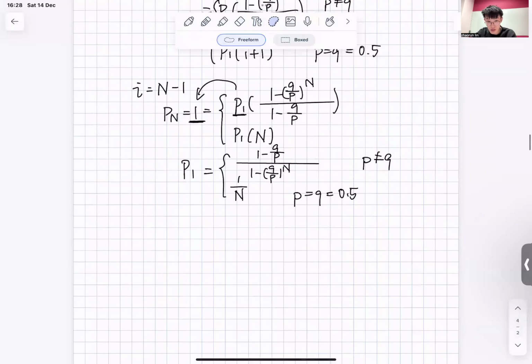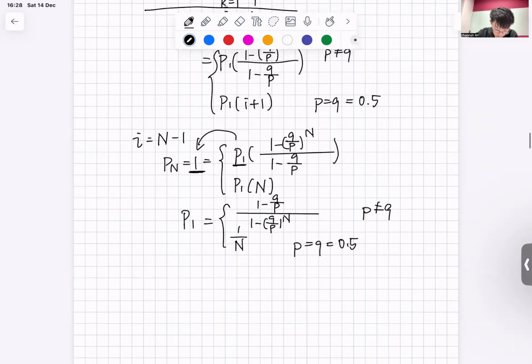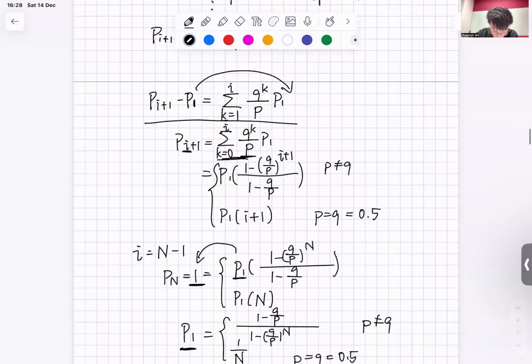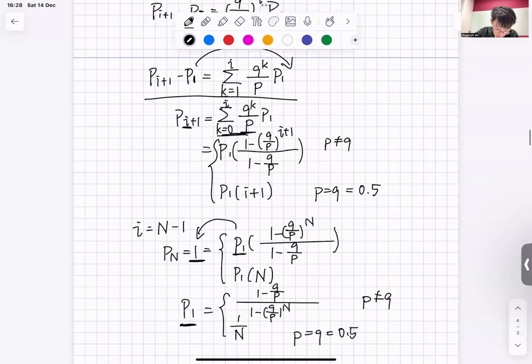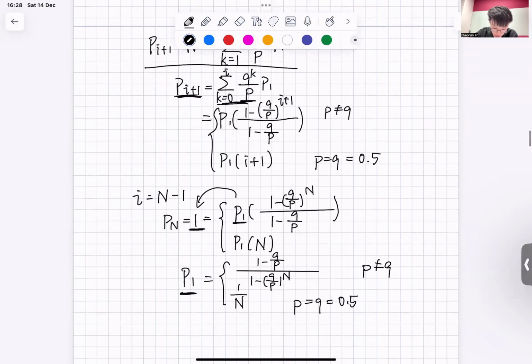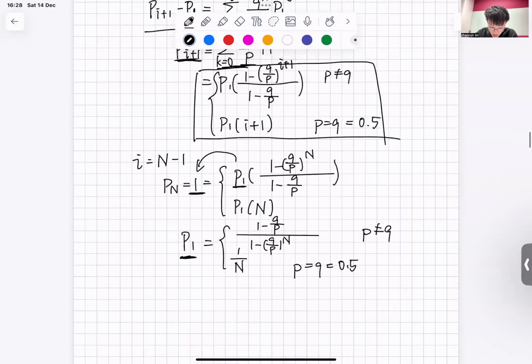Okay, so this is P1. This is what we have so far. And from previous, we have Pi+1 equals to this part, right? So we can just substitute this P1 into here.